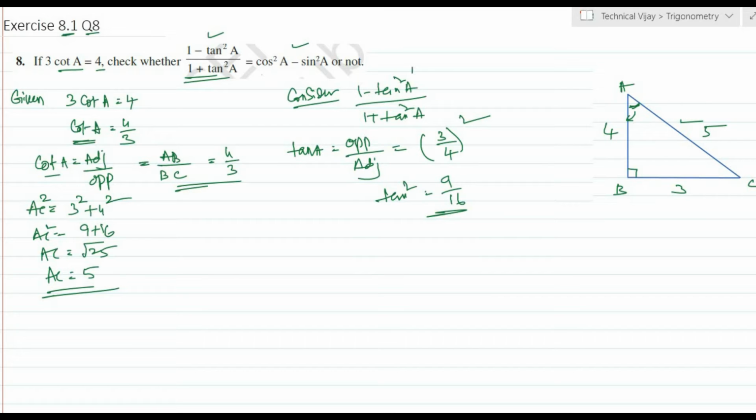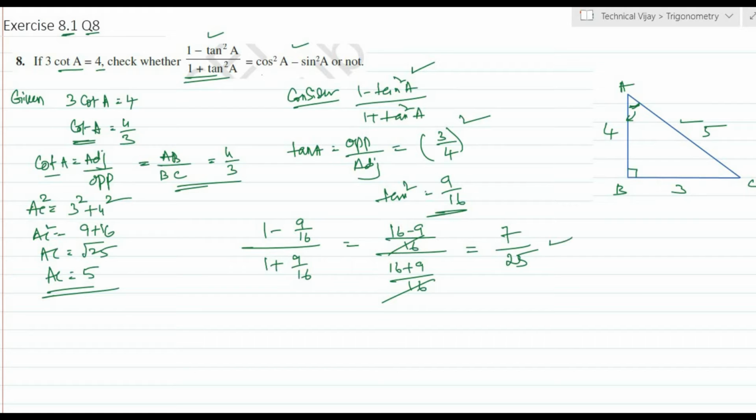Okay. So now we will substitute here. That is 1 minus 9 by 16 divided by 1 plus 9 by 16. So which is equal to 16 minus 9 divided by 16, 16 plus 9 divided by 16. So this 16 cancels. So 16 minus 9 means 7, divided by 16 plus 9 means 25. So this is equal to 7 by 25.